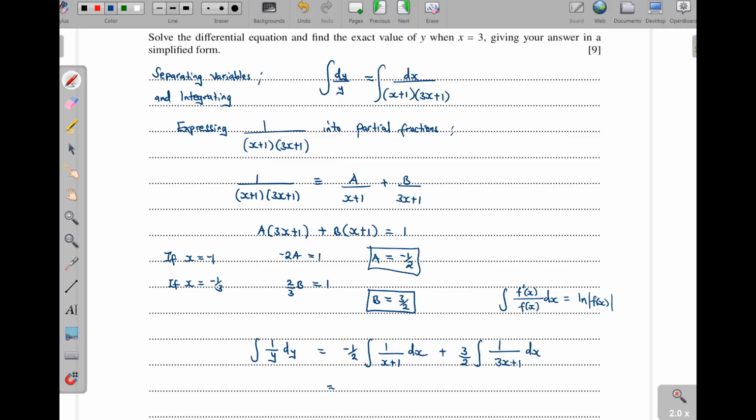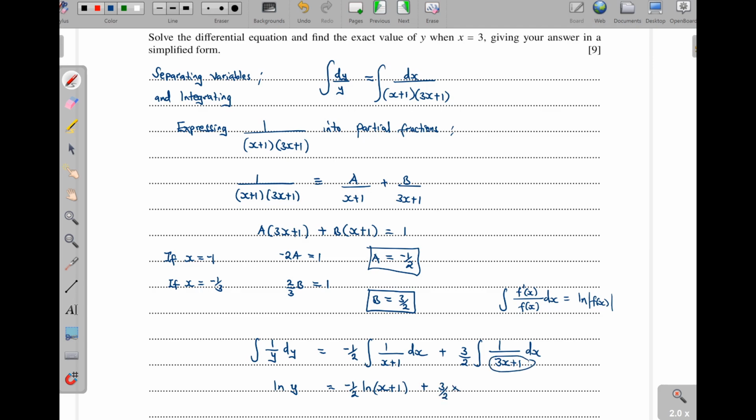So that means here I'm having the natural log of x plus 1. Also here, when I differentiate this with respect to y, I get the one that is here. So this is exactly natural log of y. You see that? And then here we shall have 3 over 2 times.